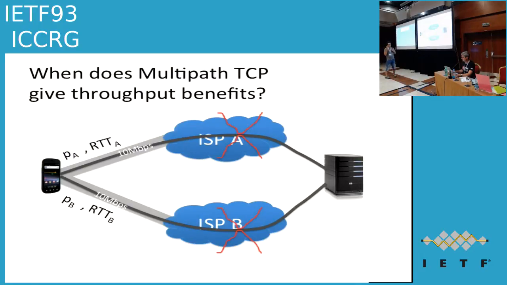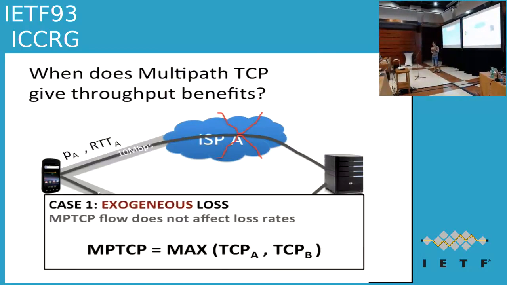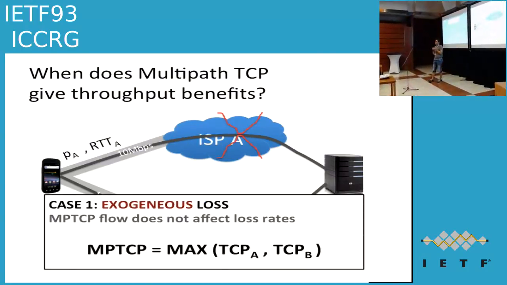So the throughput MPTCP gets depends on where the losses are coming from. There are two cases. The first is where the connection does not affect the loss rates of the link.